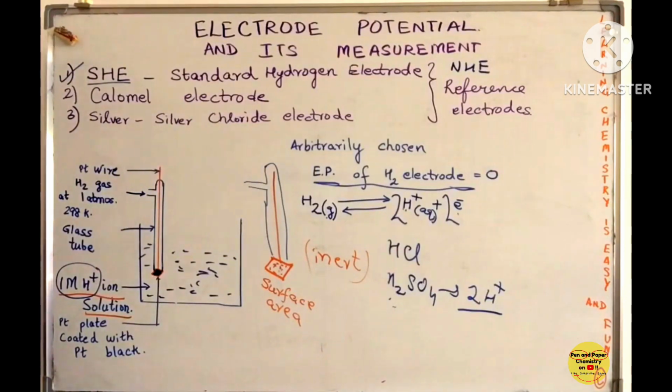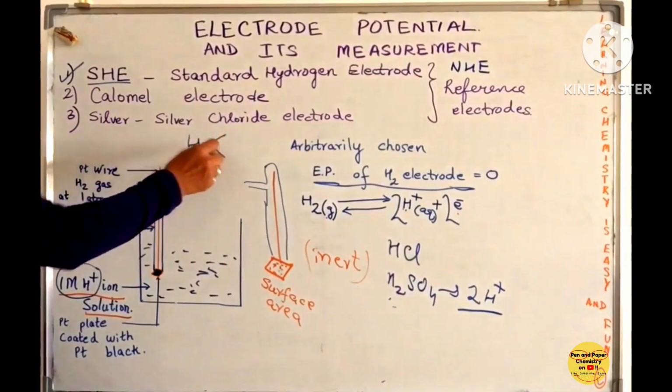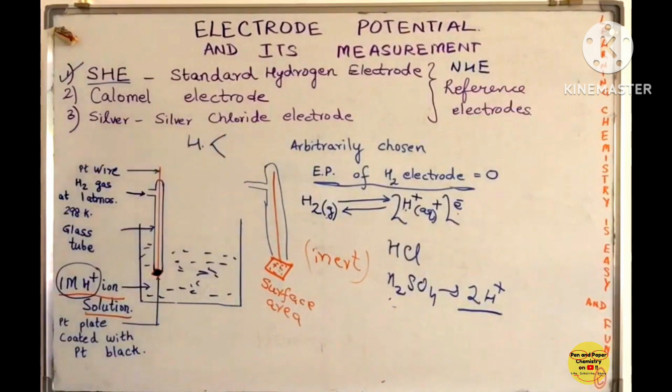Why did we choose hydrogen? Hydrogen does not react with many of the metals, and at the same time, hydrogen is one element which is capable of behaving as a metal and as a non-metal. It is capable of gaining as well as losing electrons.